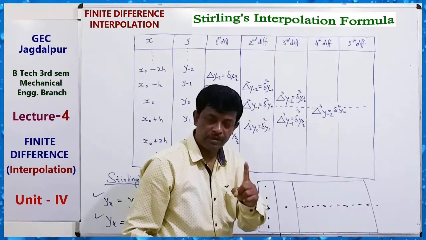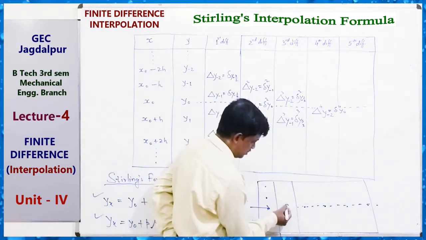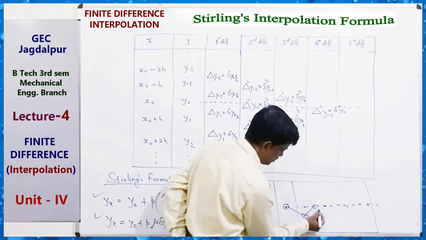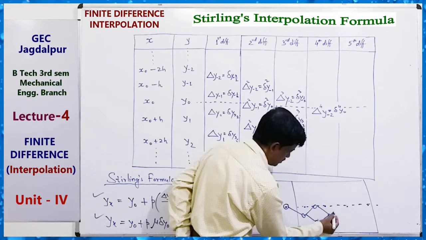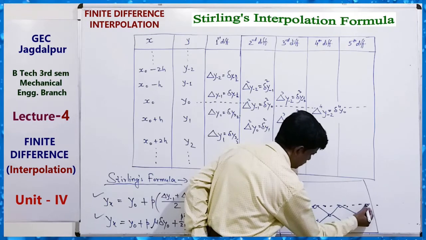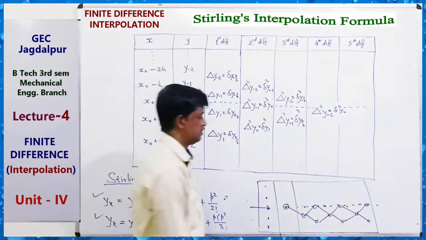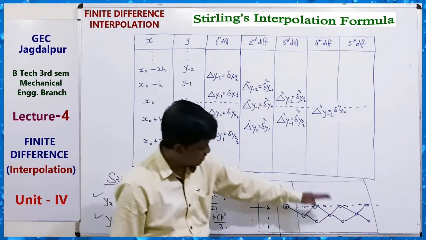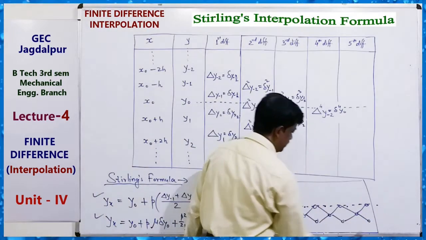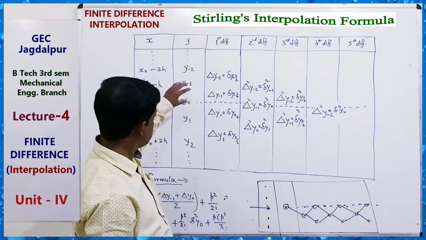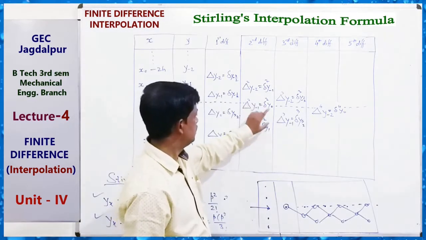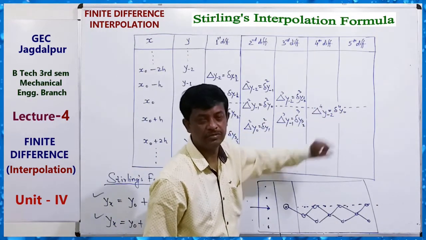And for Bessel's formula, this value, and then this value, and then this average. Just like this. Below the center line, this is treated as a center line. That means first take this value, and then this value, and then average of these two, and then this value, then average of these two.